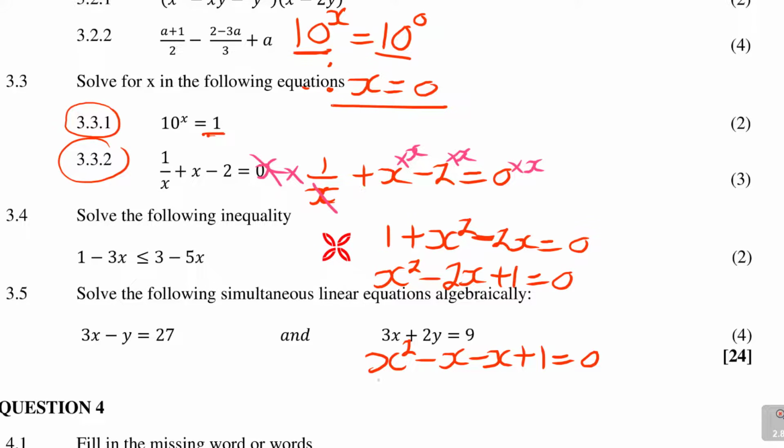I use the product sum faster. Then you do this one. What's common in the first one is x, which is x into x squared is x, minus x into x is 1, and then you say plus 1, which is negative x plus 1 equal to 0.